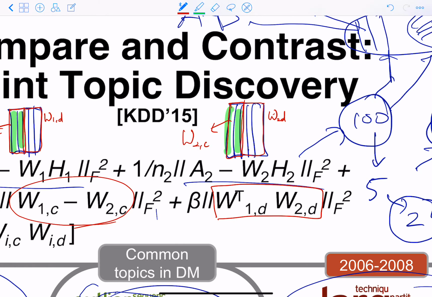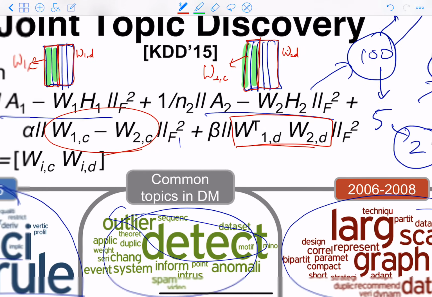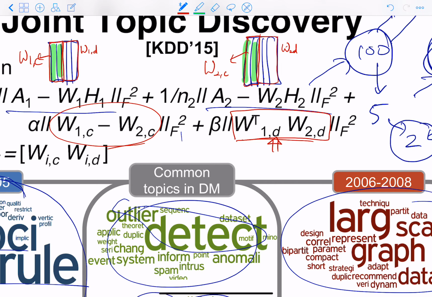Let's consider W1D transpose W2D. In this case, what will be the size of this part? We just transpose it and multiply, right?